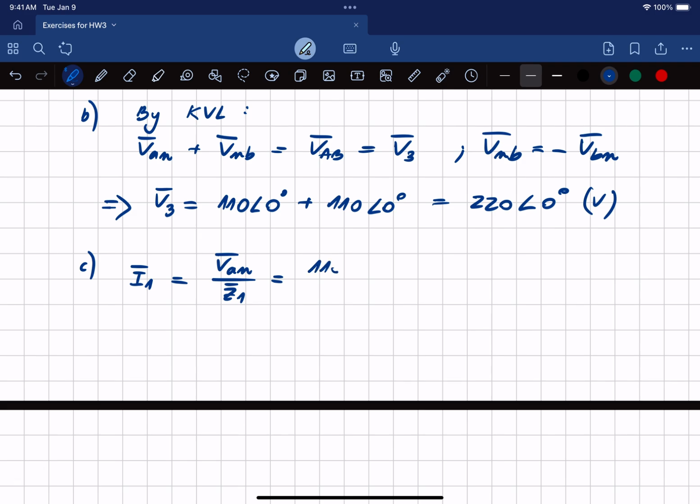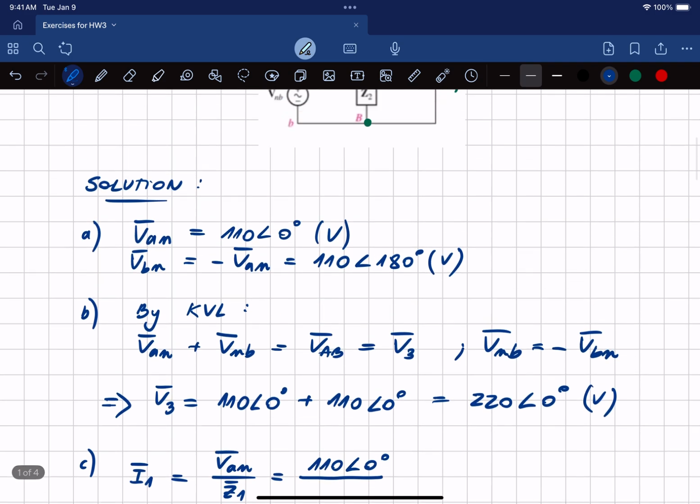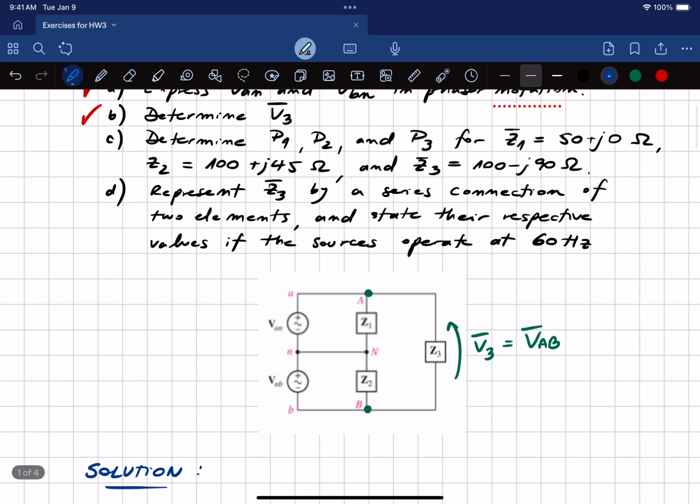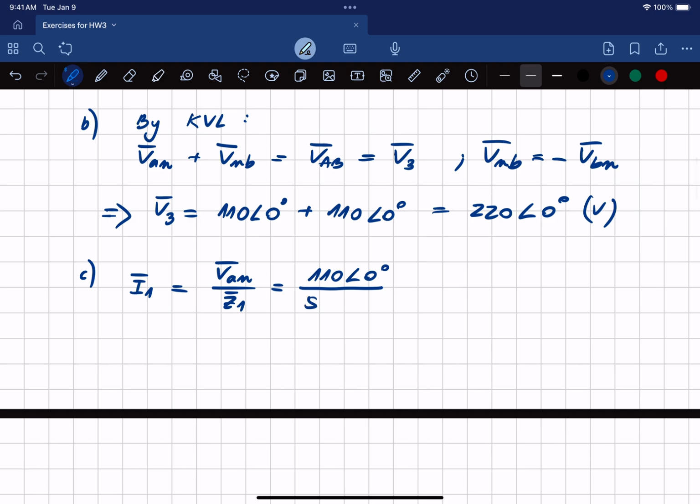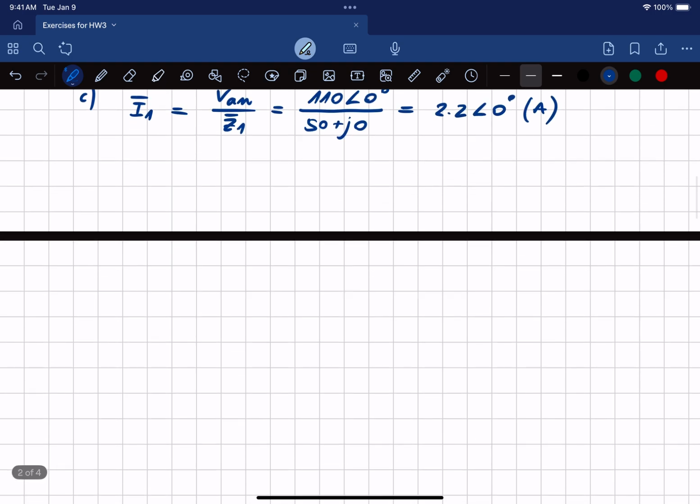So 110 angle 0, and the impedance for Z1 is, I believe, 50 plus j0. So 50 plus j0. And that is going to give us 2.2 angle 0 amps. There we have current. Then let's call this I2.